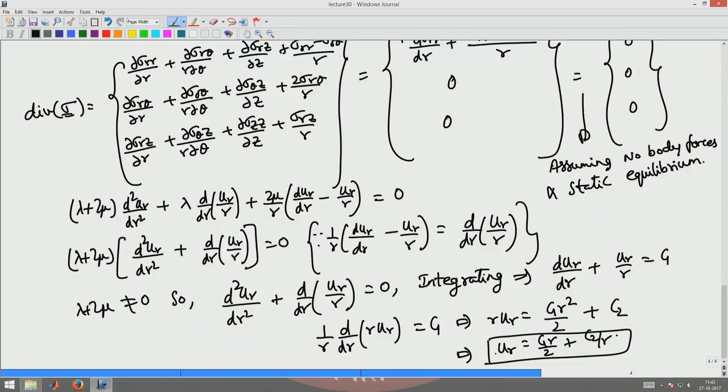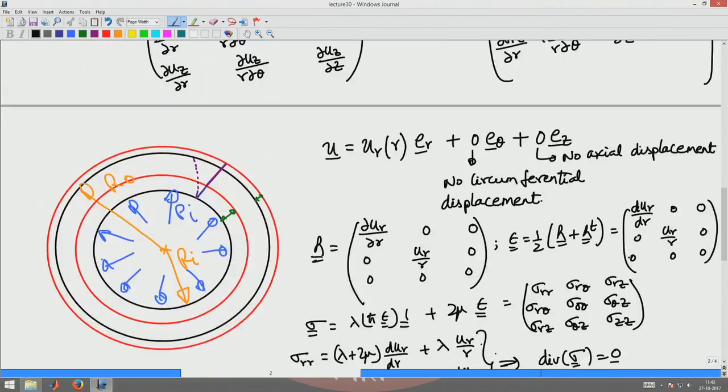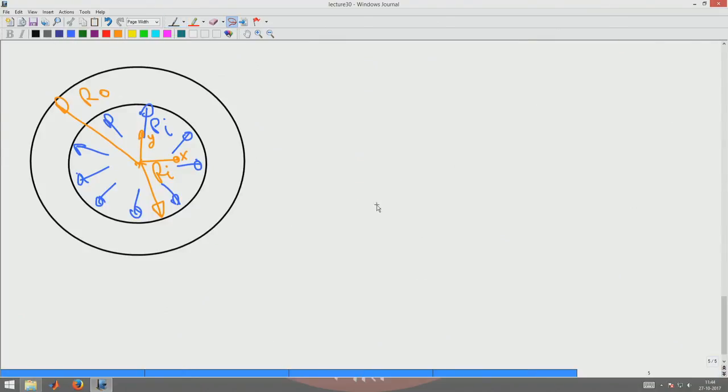Where I have to find the constants C1 and C2 from the boundary conditions. For the problem that we are studying, let us see what the boundary conditions are. I am applying a pressure at the inner surface.